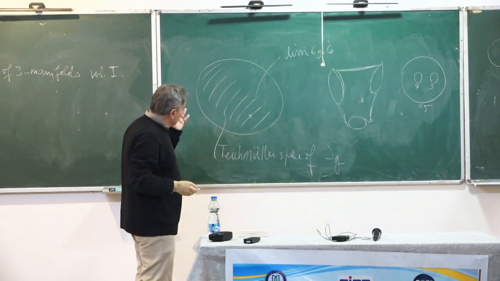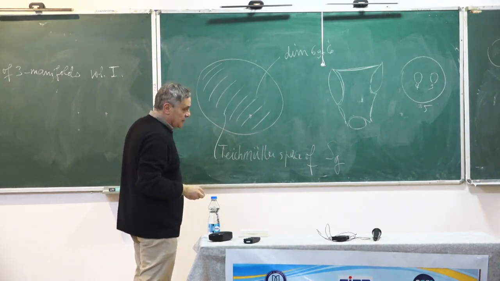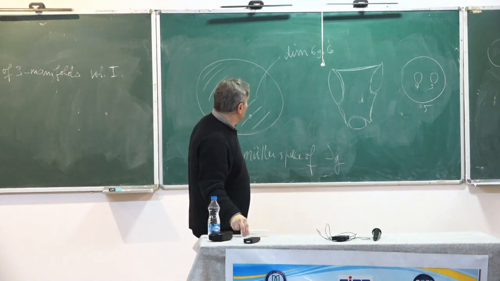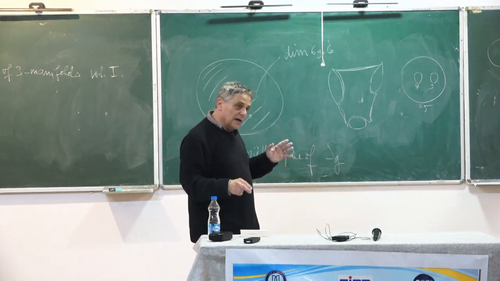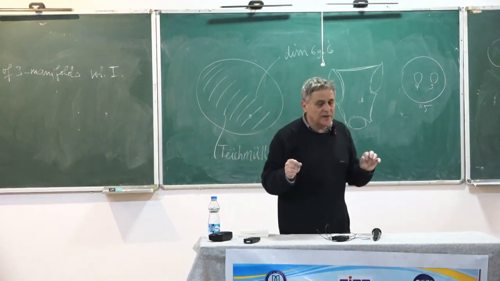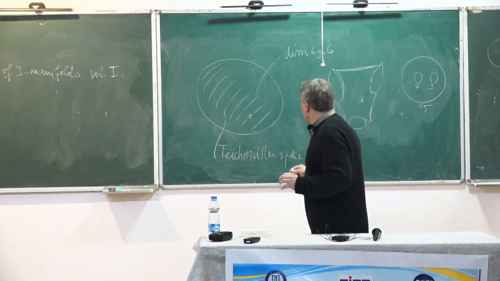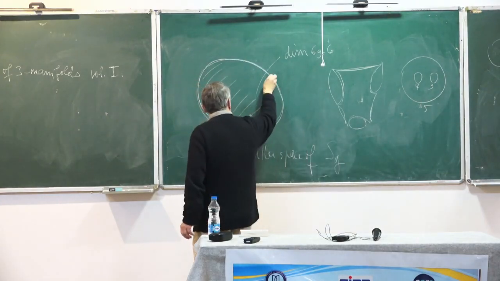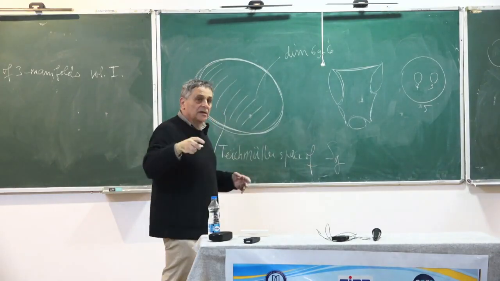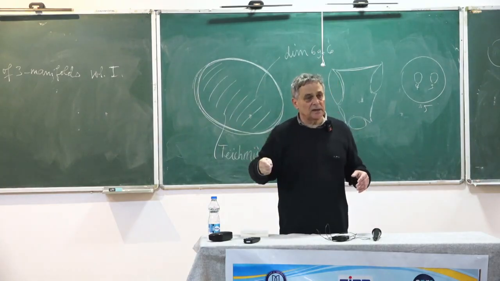And then there's also a space of measured foliations on the surface. I want to say now something which is not completely right, but I don't want to go into complications now. The thing is that there's a boundary here. Like you have hyperbolic space, we said that there's a boundary circle, right?